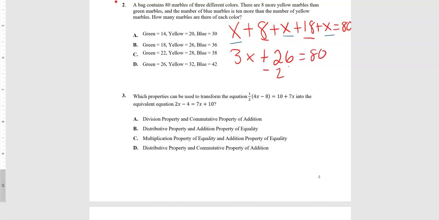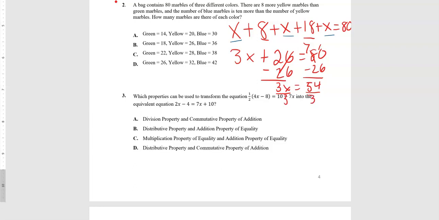I then subtract 26 from both sides. 3x is now equal to 80 take away 26, which is 54. If I divide 54 by 3, that will get me x, which is 18. That is going to be answer B right here.